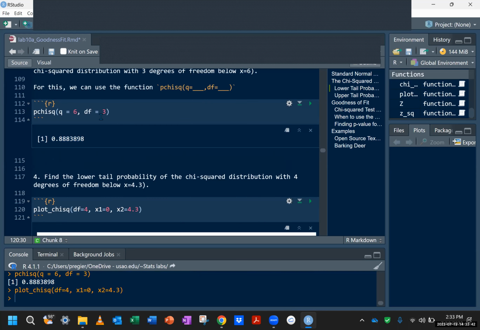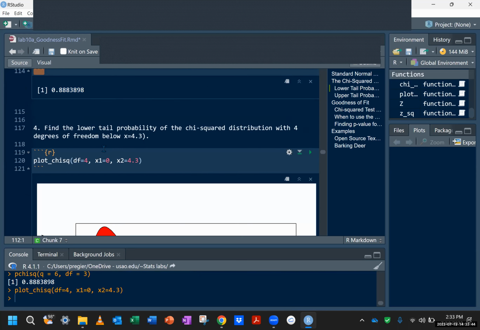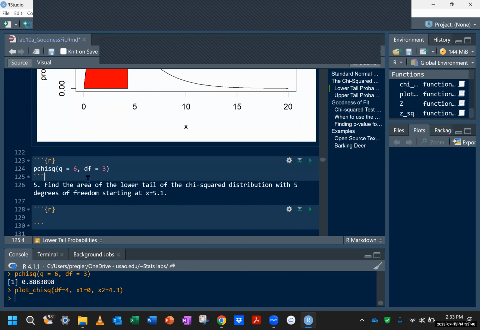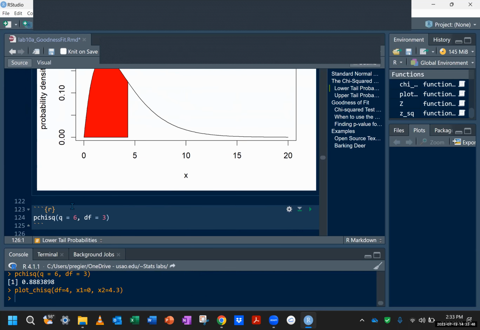So to calculate that, we're going to use pchisq. pchisq says everything below our quantile Q, 4.3. There's our quantile, 4.3. And the shape of my graph is determined by my degrees of freedom, which was, I think, 4.